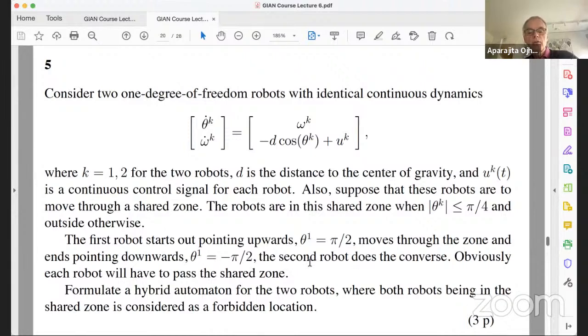And the second robot has the opposite, moving from minus 90 to plus 90 degrees. And these 2 robots obviously need to share this zone. We should then formulate this as a hybrid automaton, and you have the differential equation for the 2 robots here, and they should avoid this forbidden location.